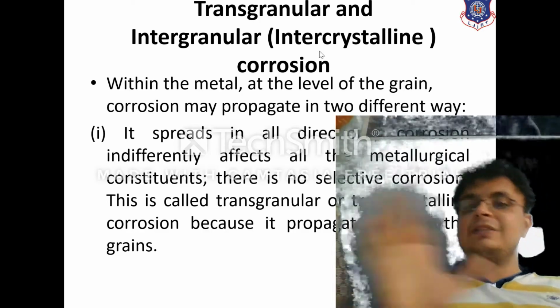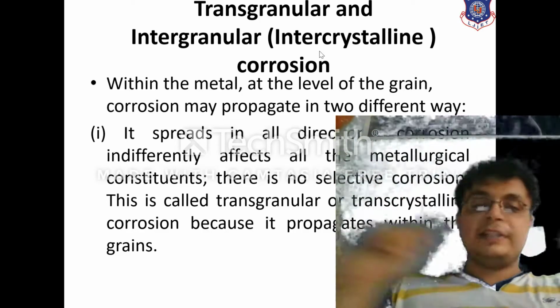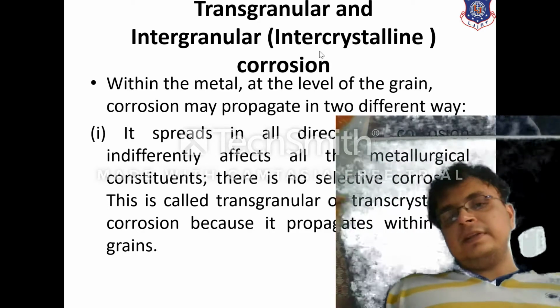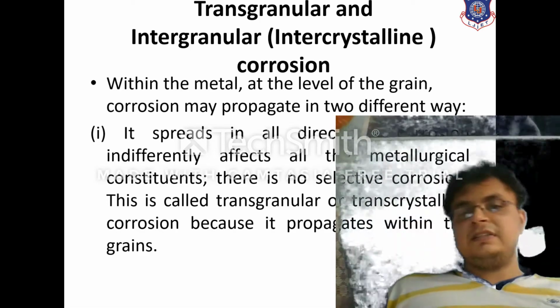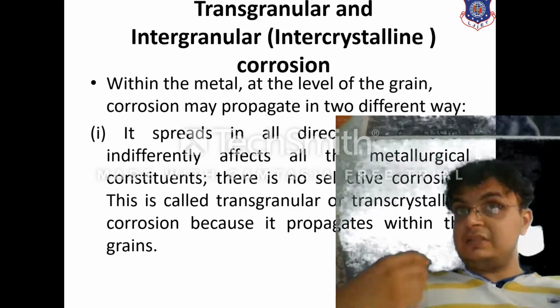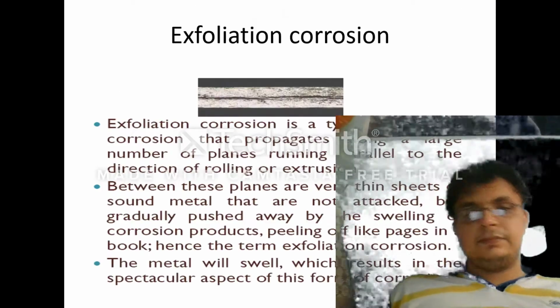There is no selective corrosion, meaning irregular expansion of the corrosion takes place. When irregular spreading of the corrosion takes place, it is termed transgranular or transcrystalline corrosion, because it propagates within the grains.